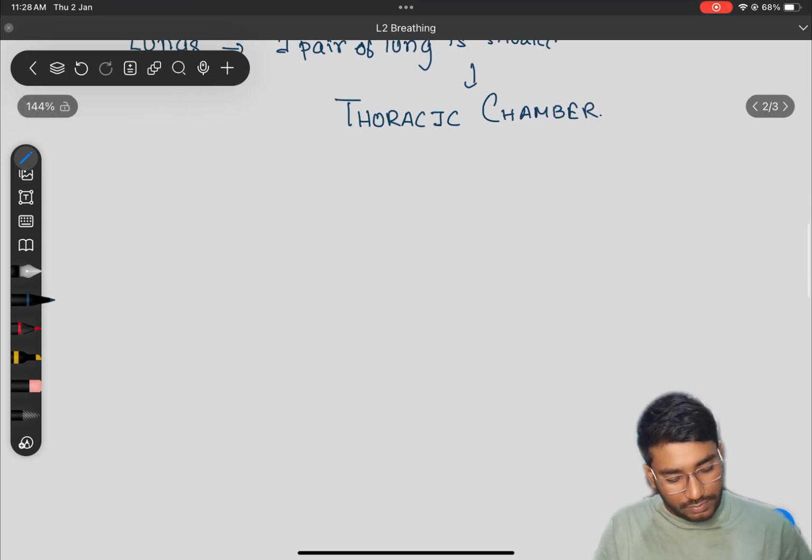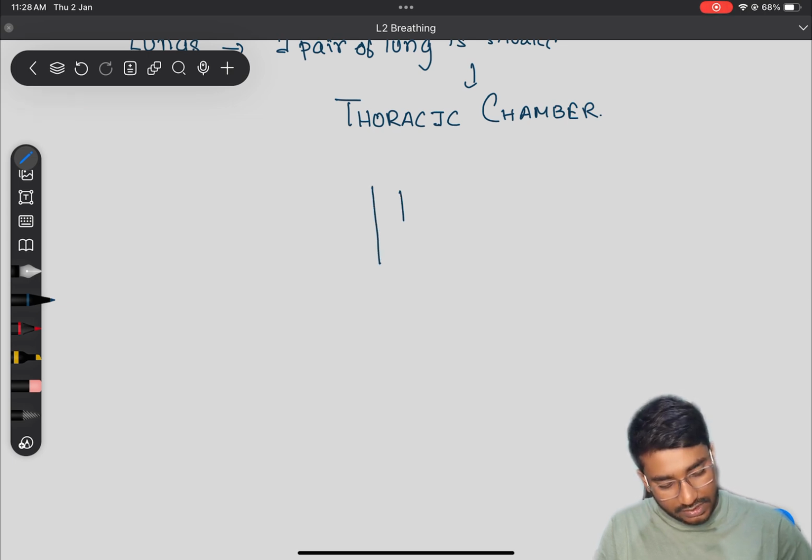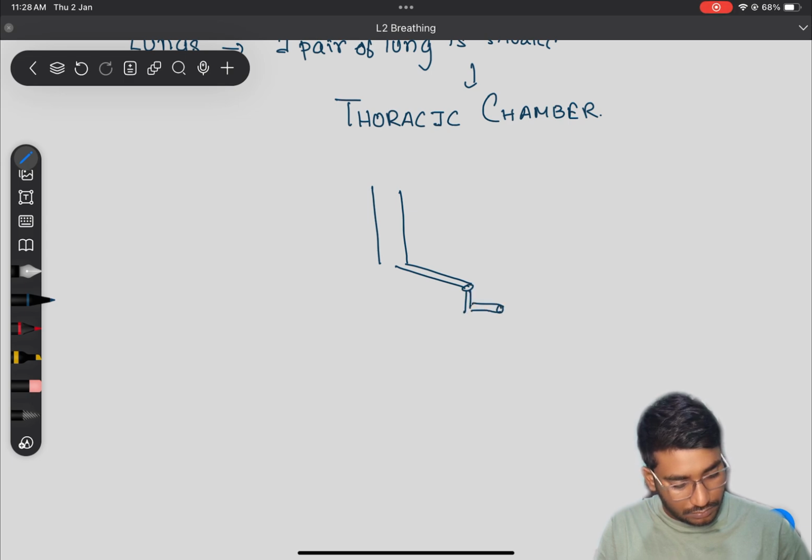Now I need to draw a simple structure of the lung.